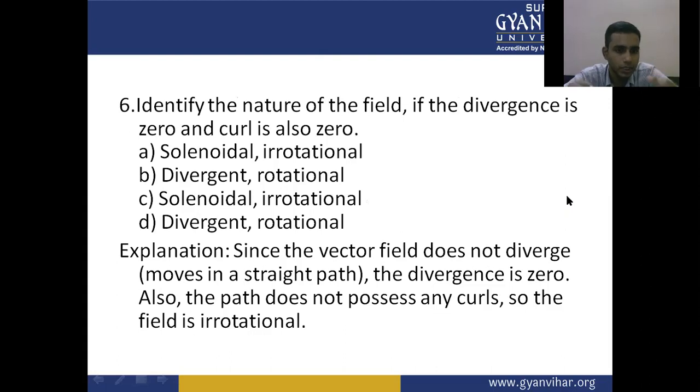Choice A shows solenoidal and rotational, B divergent and rotational, C solenoidal and irrotational, D divergent and irrotational. The explanation is that since the vector field does not diverge and moves in a straight path, the divergence is 0. Also, the path does not possess any curl, so the field is irrotational.